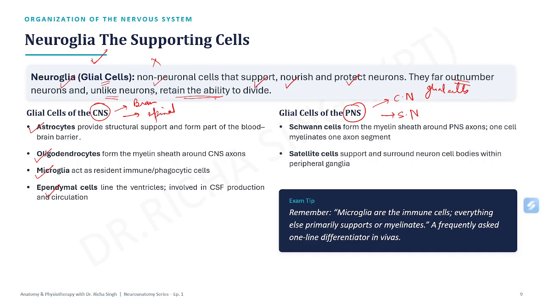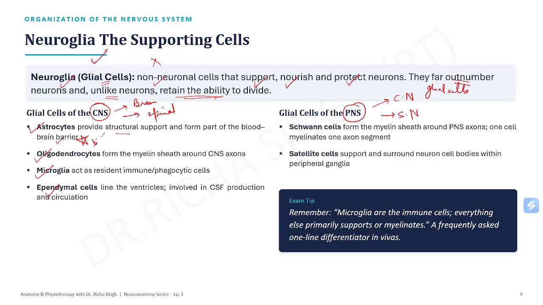Now, what are astrocytes? Astro stands for something in the shape of a star. These astrocytes provide structural support and form part of the blood-brain barrier.